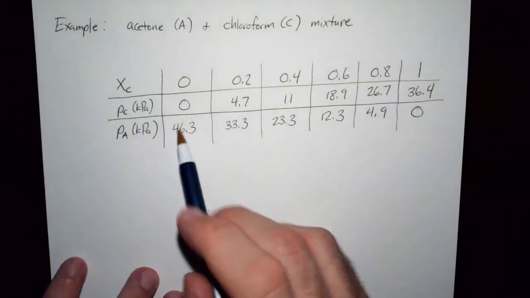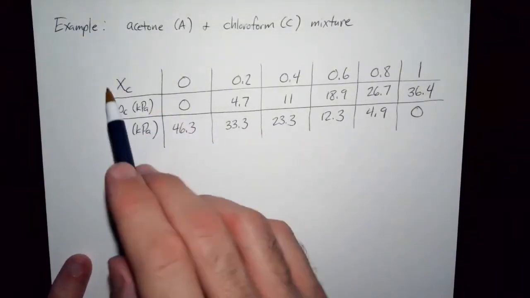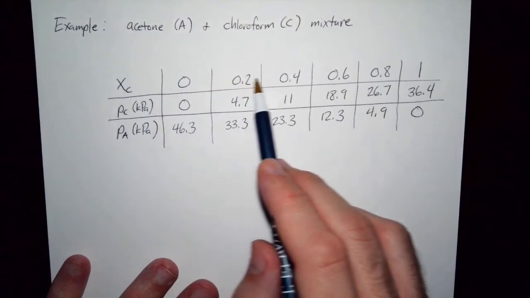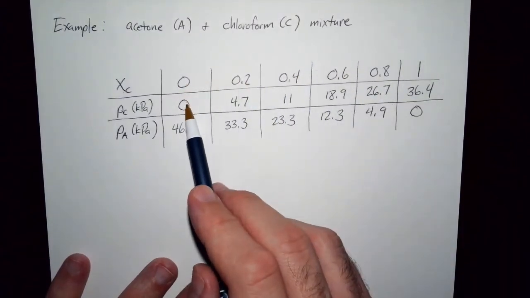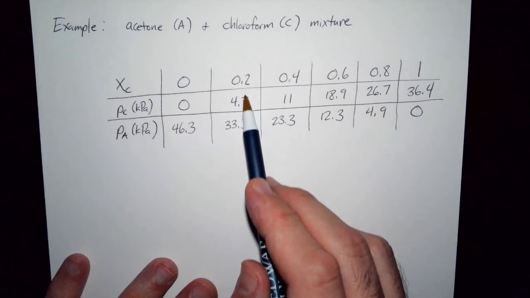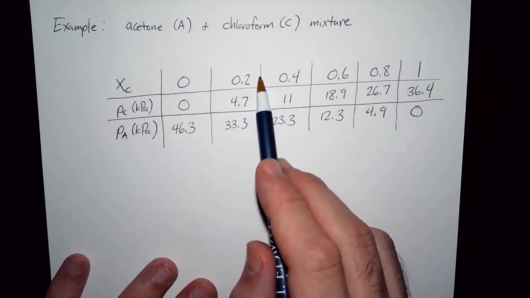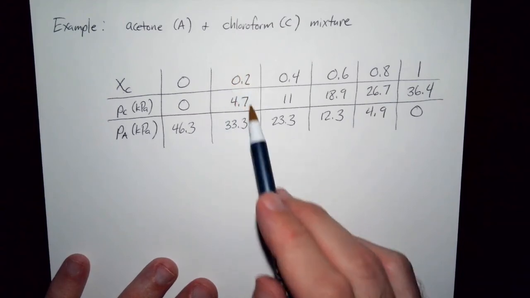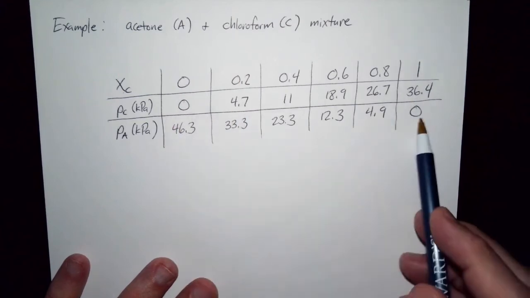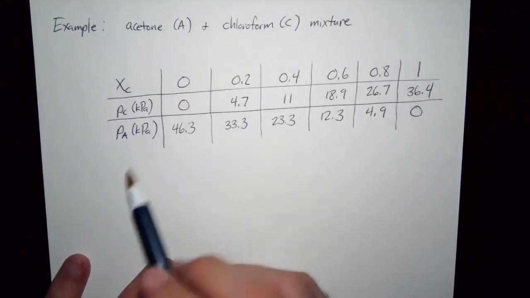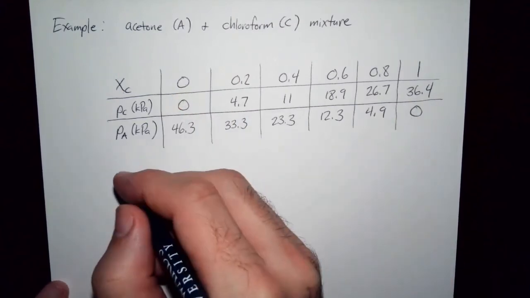Okay, so for chloroform, this is the mole fraction of chloroform up here. It is 0 here, and my next data point is at 0.2. So 20% mole fraction, and I have this partial pressure. All these pressures are in kilopascals. So can I find the slope? I can.